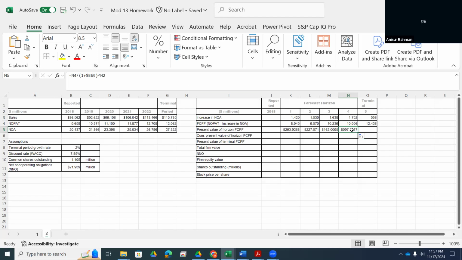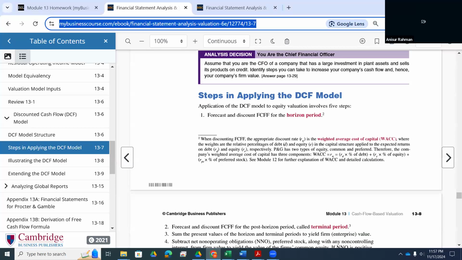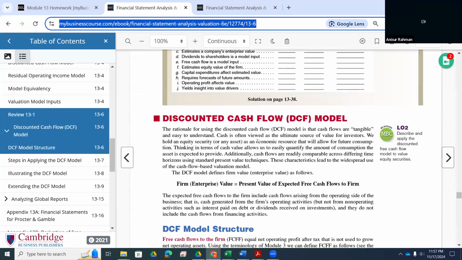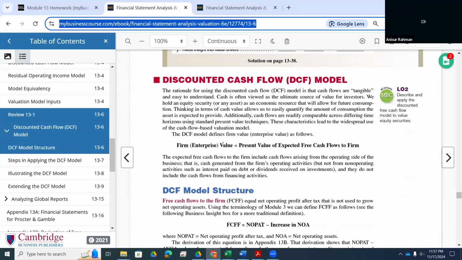Now, the reason is, these are called the forecast horizon, and this is called the terminal period. In our chapter, we'll see that we will have explicit forecasts, that means forecasts for each individual period, 1, 2, 3, 4. But according to DCF, discounted cash flow, the value of the firm is equal to the present value of expected free cash flows to the firm.